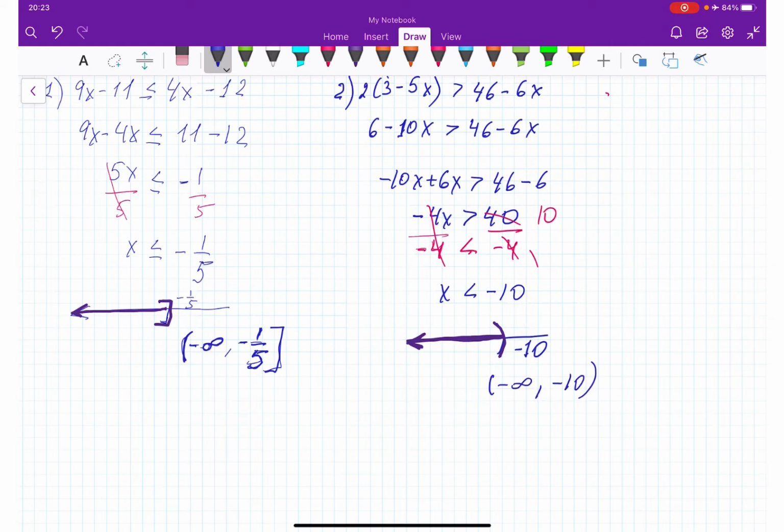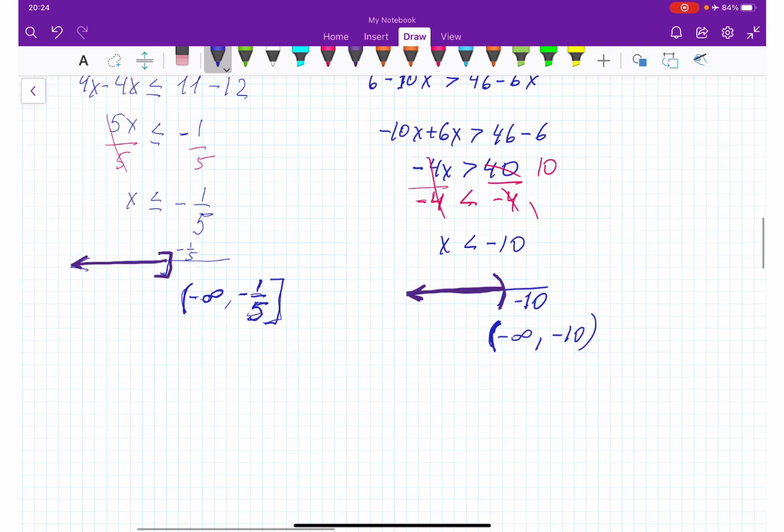One thing you need to remember: in the first position you always put the smaller number. Negative infinity is obviously smaller than negative 10, and it always has a parenthesis because it never has an end. Since negative 10 also doesn't have an equal sign, it's not included, therefore we put a parenthesis.